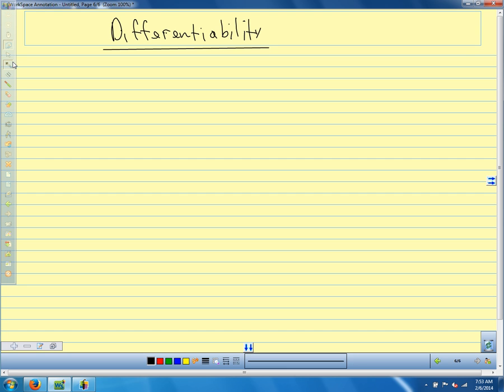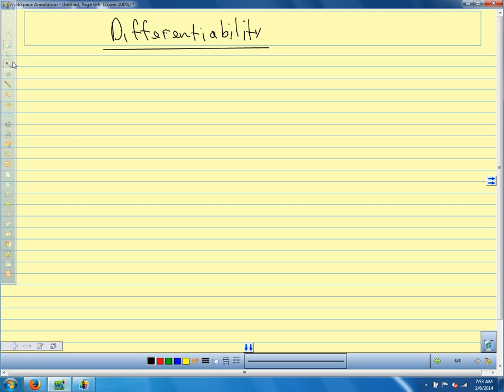So for a single variable function, we said the function is differentiable if the derivative exists. And we said there was a connection between differentiability and continuity. There is a connection between differentiability and continuity for multivariable functions, but the idea of differentiability is a little different, because we can have the derivative exist at a point of a multivariable function where the function is not continuous.